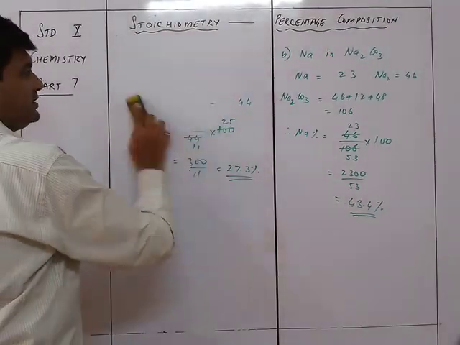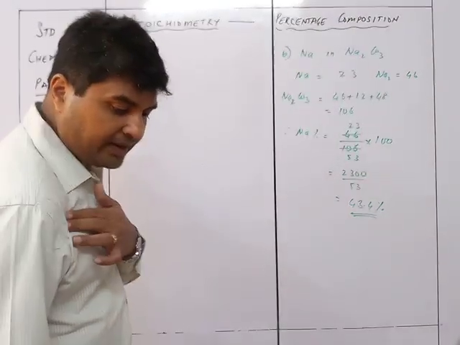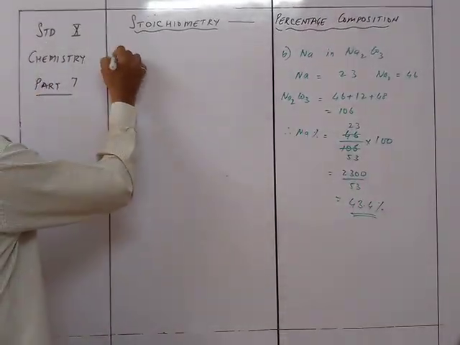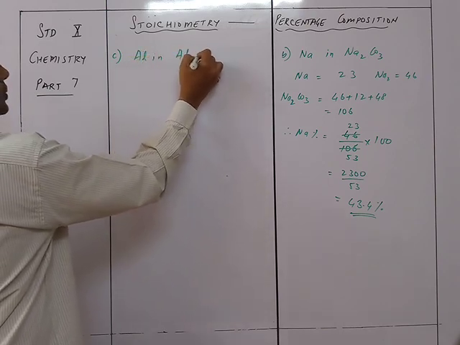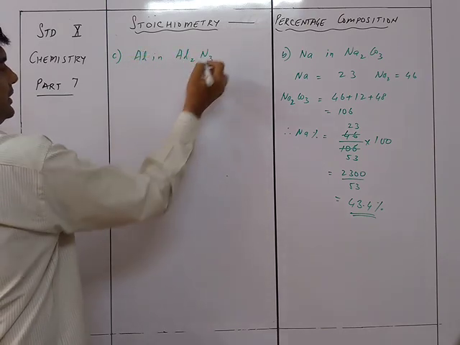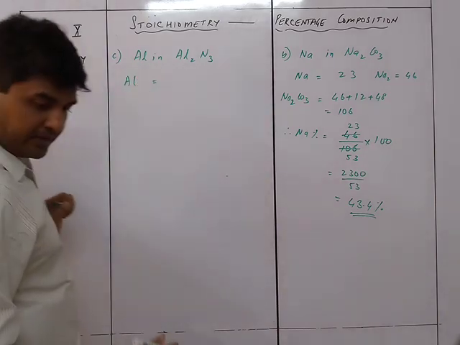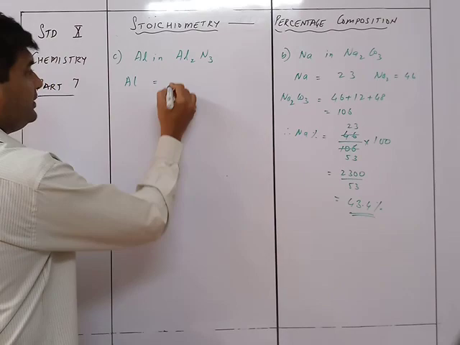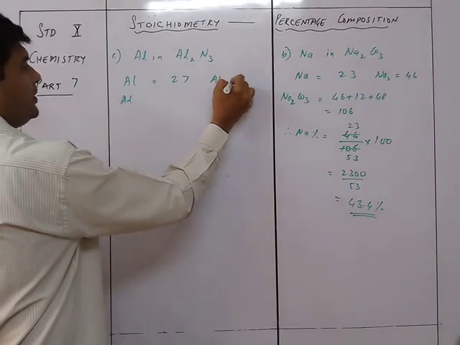We see the C part, that is Al in aluminum nitrate. So Al in Al2N3. So Al is equal to, they are given Al to be 27, and so Al2 will be equal to 54.